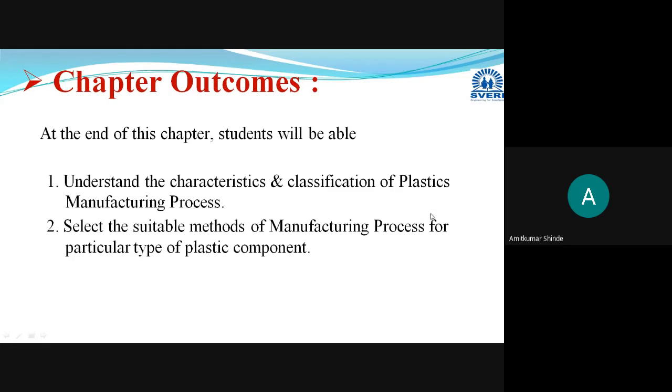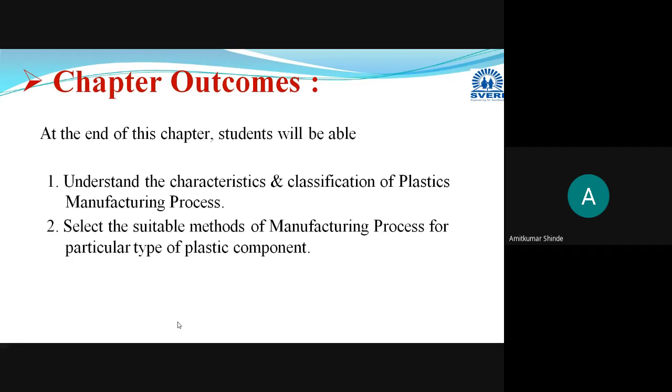The second outcome of this chapter is that you will be able to select the suitable method of manufacturing for a particular plastic component. Depending on the desired component, you will be able to select the suitable method.